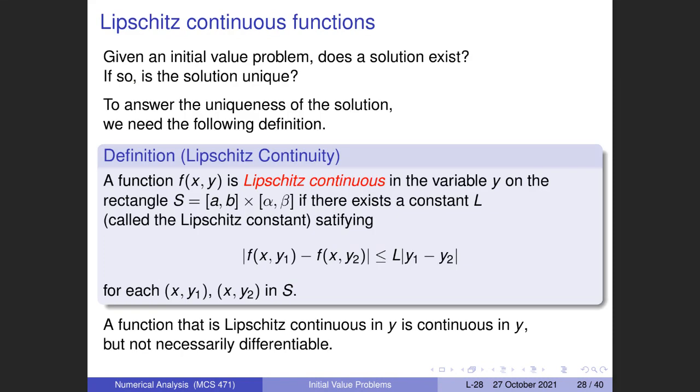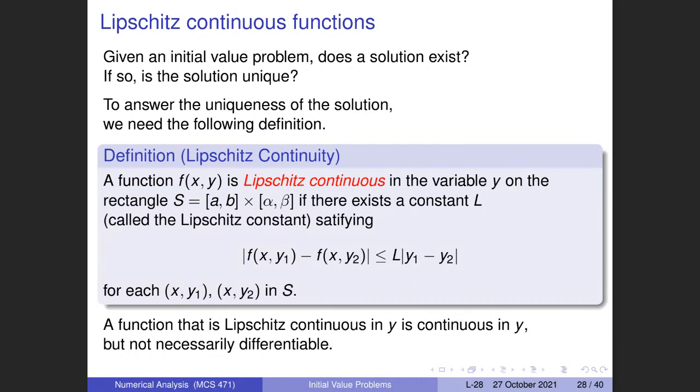So what is then Lipschitz continuity? We will have to ask, is there a solution? And if there is a solution, is the solution unique? In order to answer that question, we need a more general notion of continuity. So we have a function of two variables, but note that the second variable y depends on x. So we have a relationship between the function values and the y values.